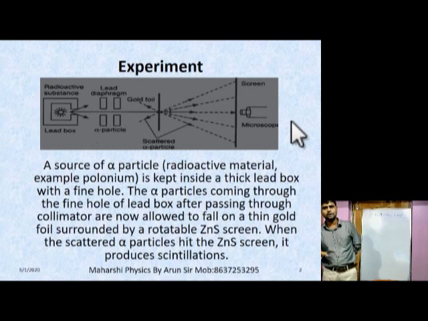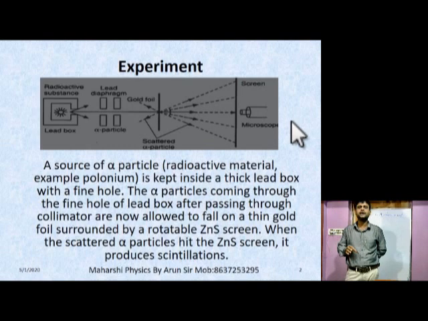Clear? Then these components are arranged in Rutherford's experiment. How are they arranged in the experiment? Let's see.